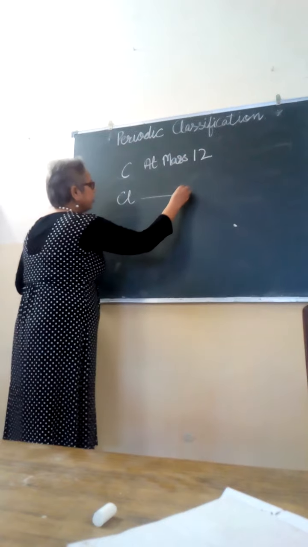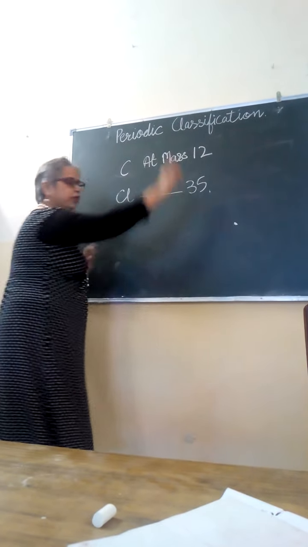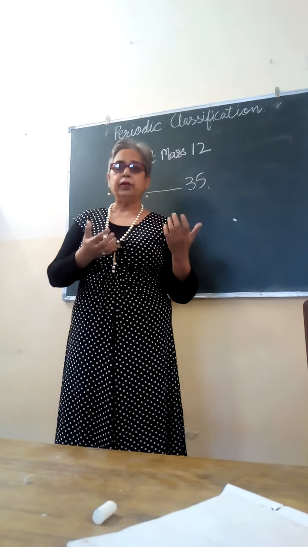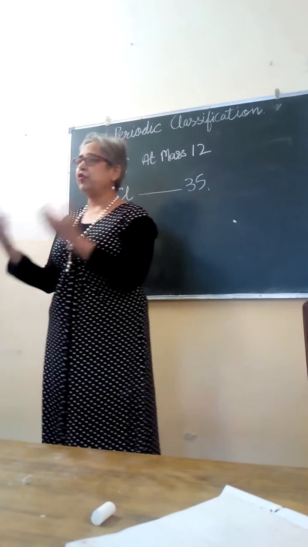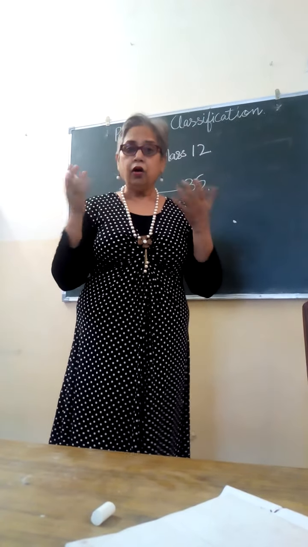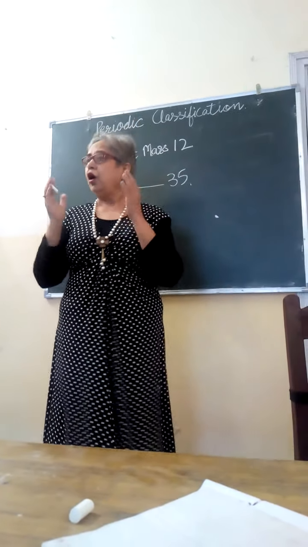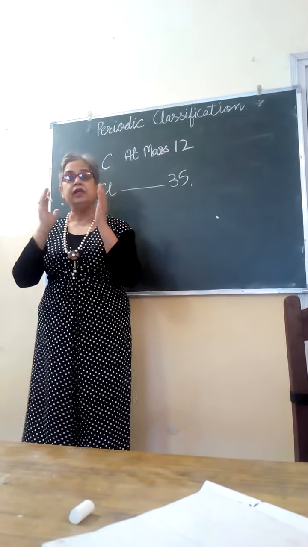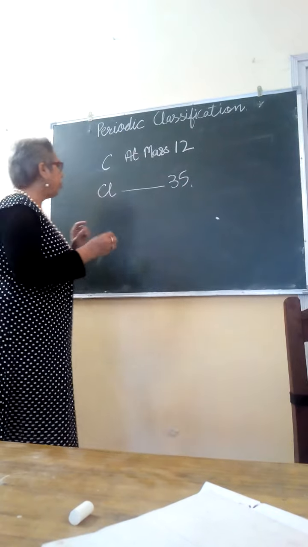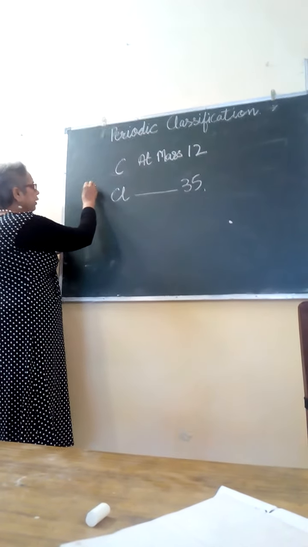Then chlorine atomic mass 35. But when the isotopes were discovered that carbon can have mass 12, mass 14, chlorine with 35, 37, he did not have any answer how to adjust these isotopes in his periodic table. So this was a limitation, right?